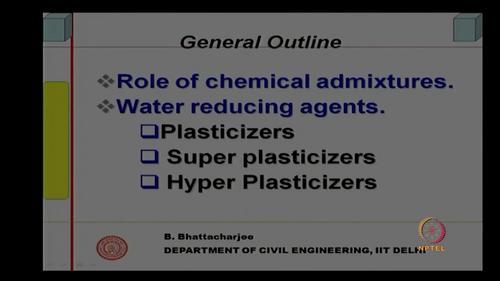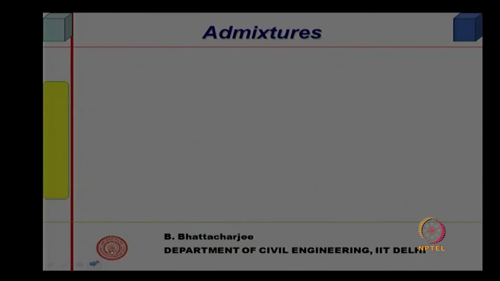Some people call them plasticizers, superplasticizers and hyperplasticizers. Some other people call them water reducing agent, high range water reducing agent and very high range water reducing agent. So, our discussion should be focused towards that today. But before that, we must look into the definition of admixture.